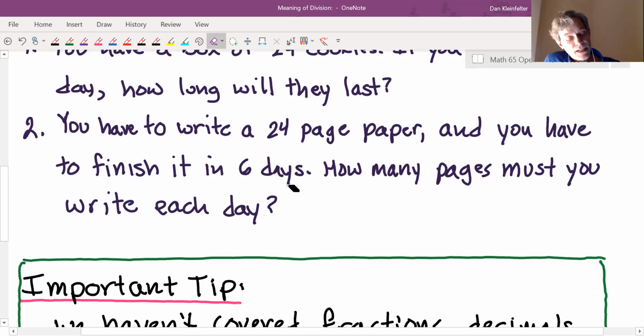Okay, if you're going to split it into 6 piles, each one being a day, we want to know how big each group or each chunk is. So 24 divided by 6 is going to be 4. So 24 total pages put into 6 days is going to be 4 pages per day.